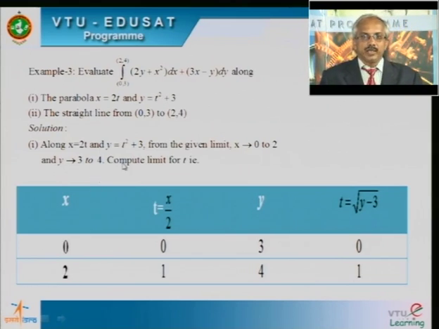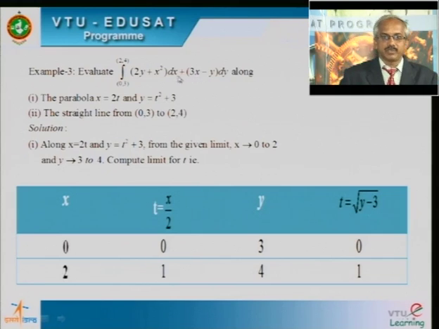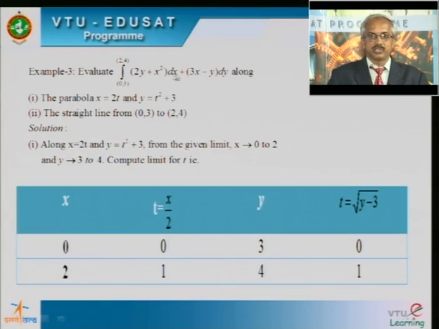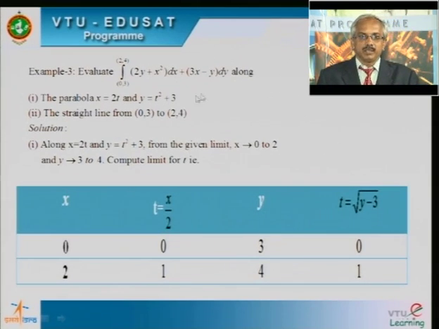We need to find the limits for x and y by using this parametric form. The integrand is a function of two variables, y and x, and we have to reduce this to a single independent variable, that is t. So for the values of x and y we need to find the corresponding values of t.